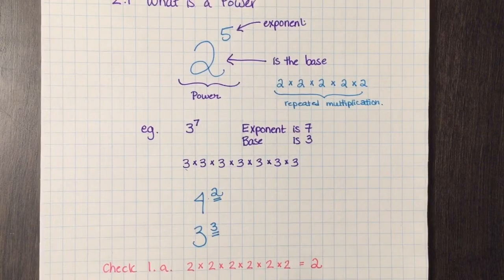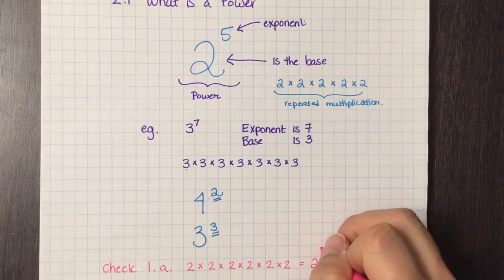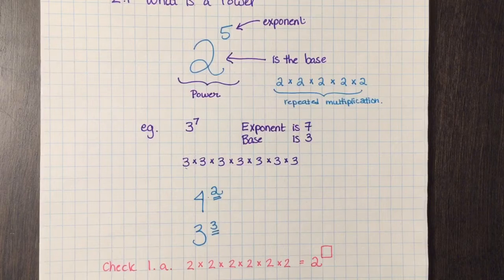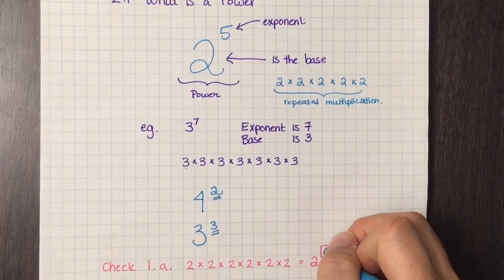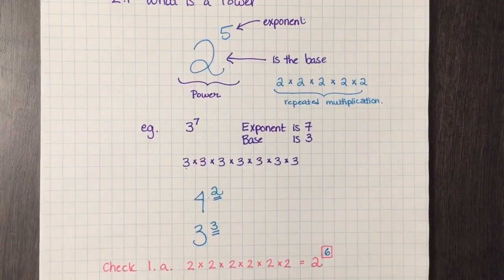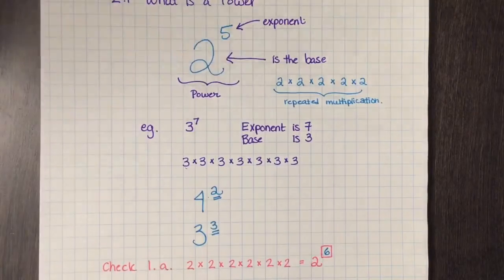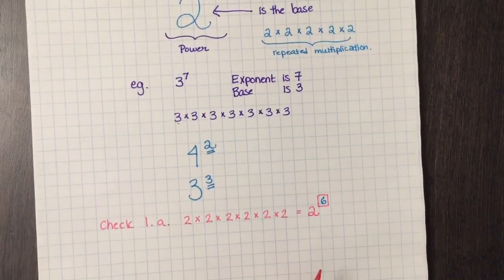So this would be 2 to the, what should go in that box? Right on, a 6. 2 to the 6. We have 6 2's, so we would have a 6 in that box, and we want to write that as a superscript up high.